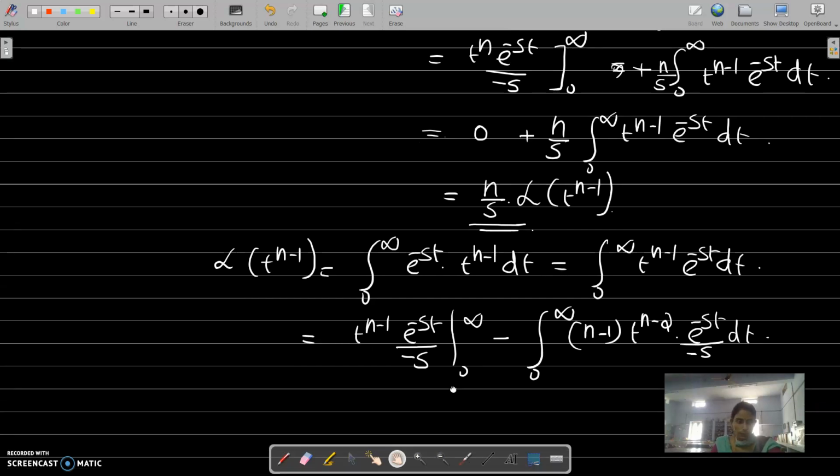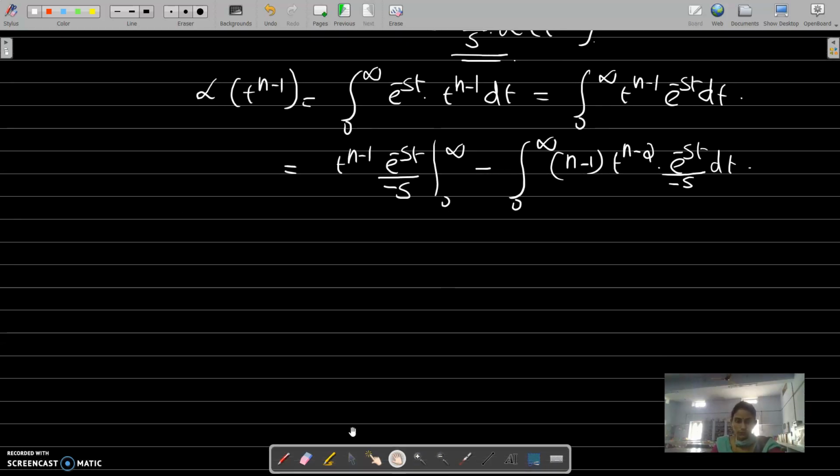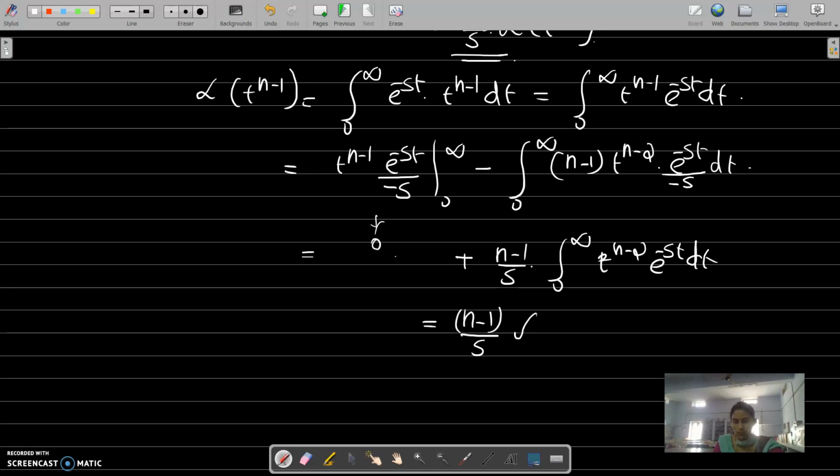So this turns to 0, and this is plus n minus 1 by s integral 0 to infinity t raised to n minus 2 into e raised to minus st into dt. We can write it as n minus 1 by s into Laplace transform of t raised to n minus 2.